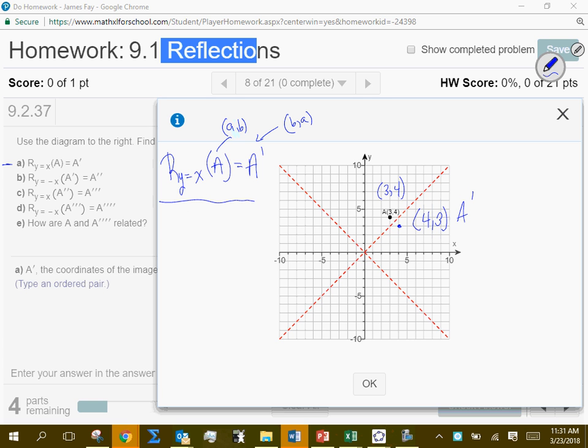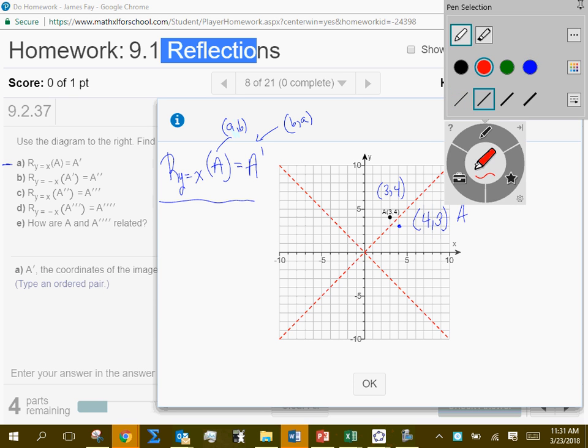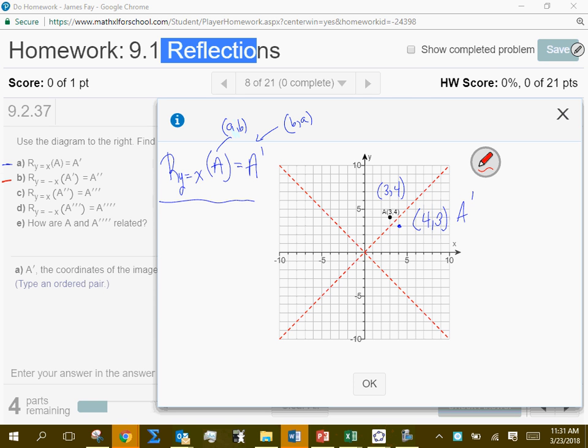Now the second part of this question says we're going to reflect over the line y equals negative x. But now we're going to use A prime as our pre-image. And the image that we're going to get is going to be called A double prime.